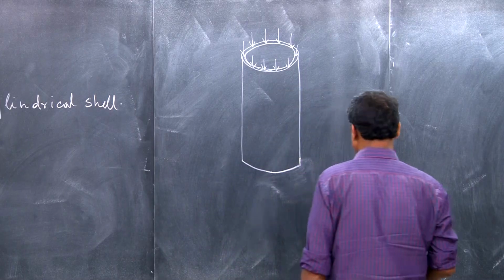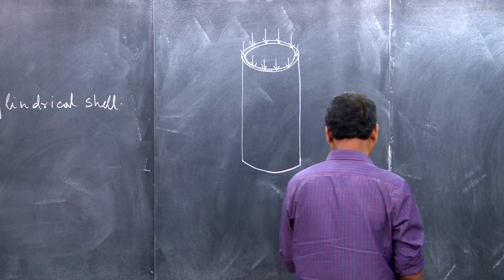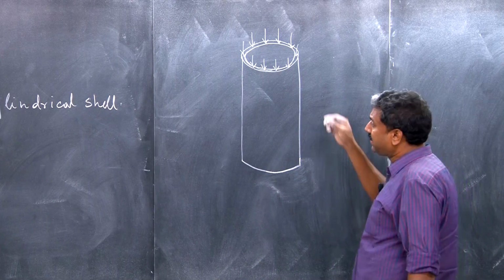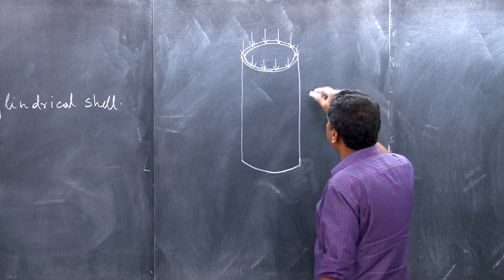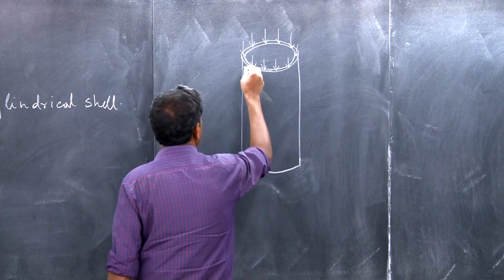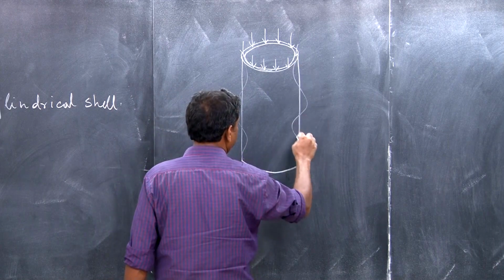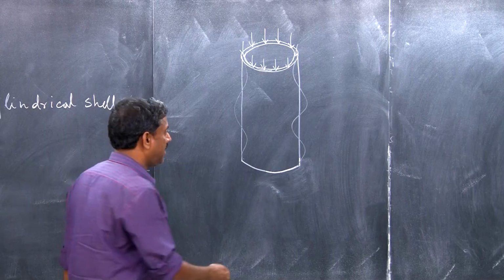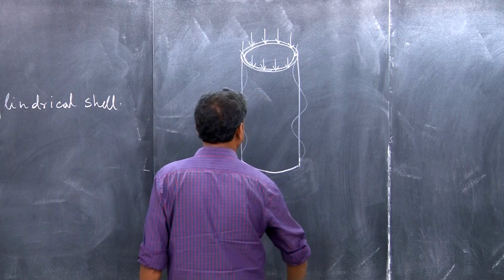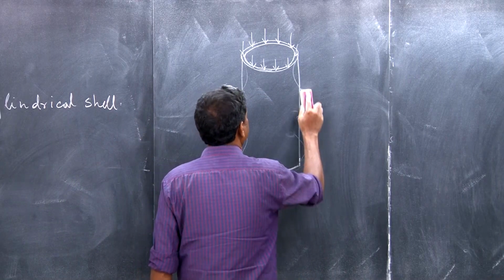When I am considering axisymmetric buckling, the kind of buckling that you will observe is something like this. You see that, right? It has to be axisymmetric. Please note this.